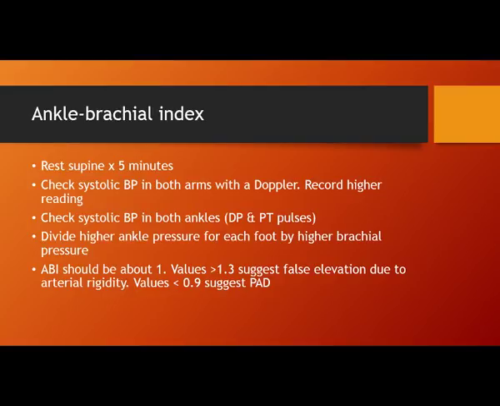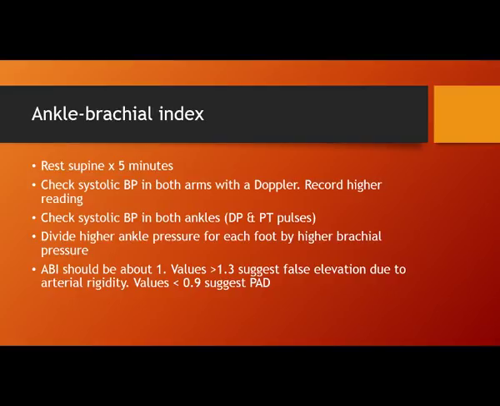So let's say you got 110 in the arm, that was the highest one, and you got 120 in the dorsalis pedis and 110 in the posterior tibial. Well, you're going to take the higher one, say that was the right ankle. And then on the left you got 110 and 110.